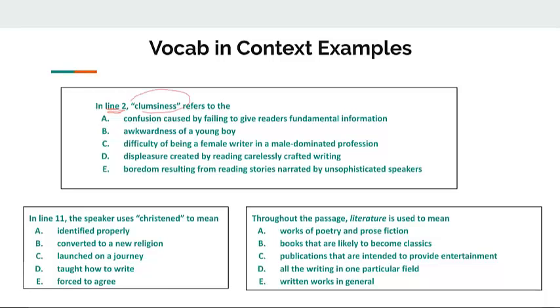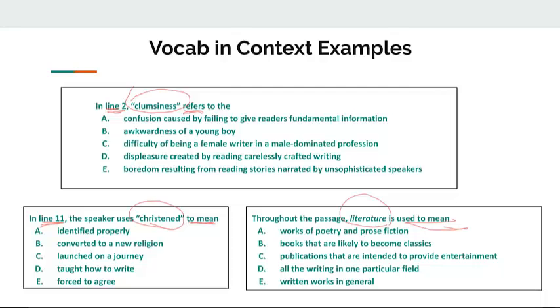They'll put the word in quotation marks, and typically you will see a word like refers, or down here, here's our line number, our specific word, and then to mean. So you'll see that phrasing repeated. One alternative to the use of quotation marks around a particular word would be the use of italics to identify a word they're asking. And you can see again, we have to mean in this case.